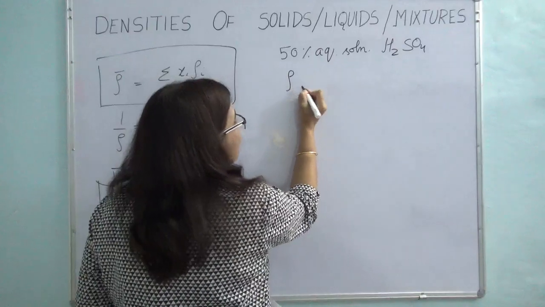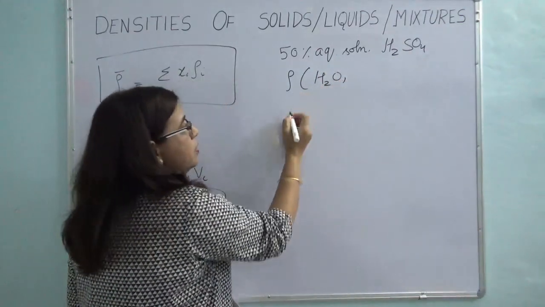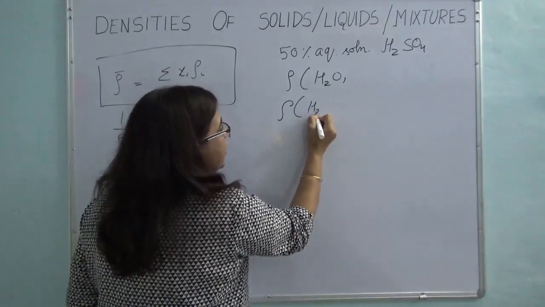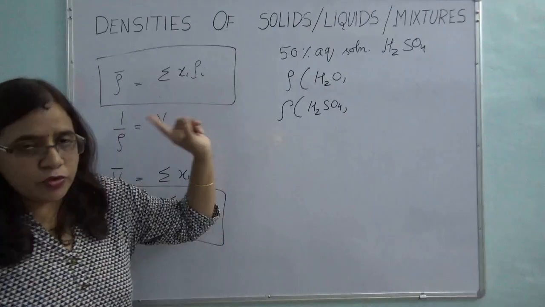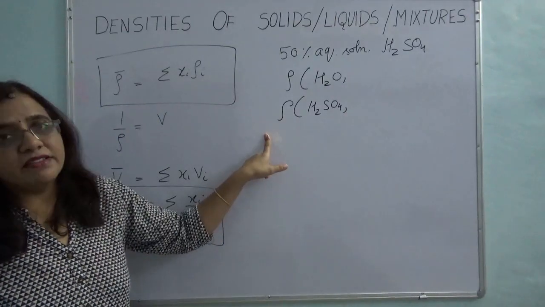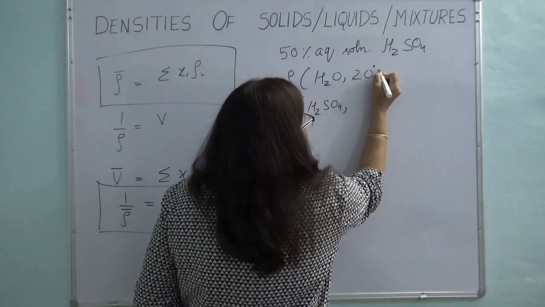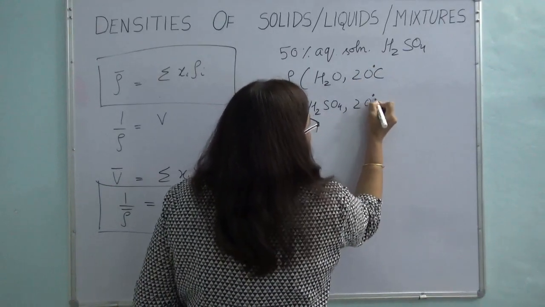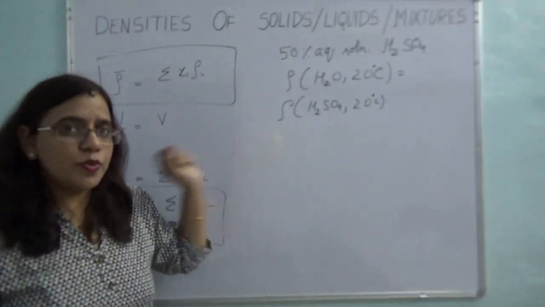Now I also want to find out the density of water and the density of H2SO4. Let's say that this has been provided to you, or you can go and read it from the tables. Let's say that this solution is at 20 degrees centigrade, so I am giving you the density values at 20 degrees.